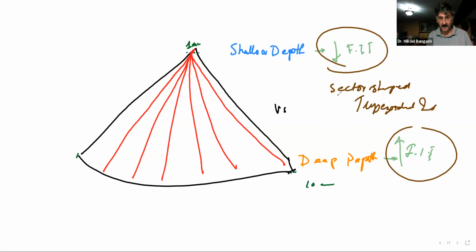So for these shaped images here, the greater the depth, actually, we can say, reduce your ER, reduce your SR. Because what mainly happens is that the distance between neighboring pulses increases.